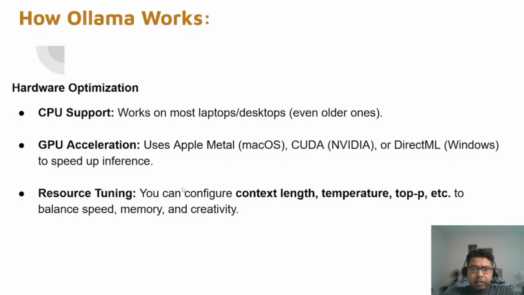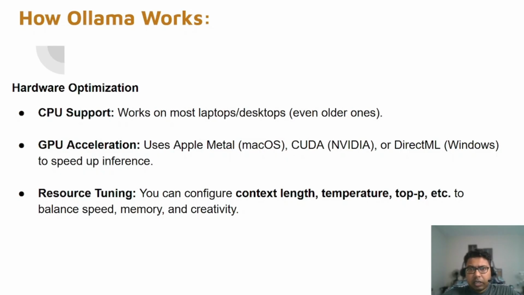GPU acceleration, it supports GPU acceleration as well. Resource tuning: we can tune Ollama to configure context length, temperature. Context length means how much chat history it will store in its context, right? The context length, and then temperature and top p. This temperature and top p actually helps us to increase the creativity of the response or the authenticity of the response.